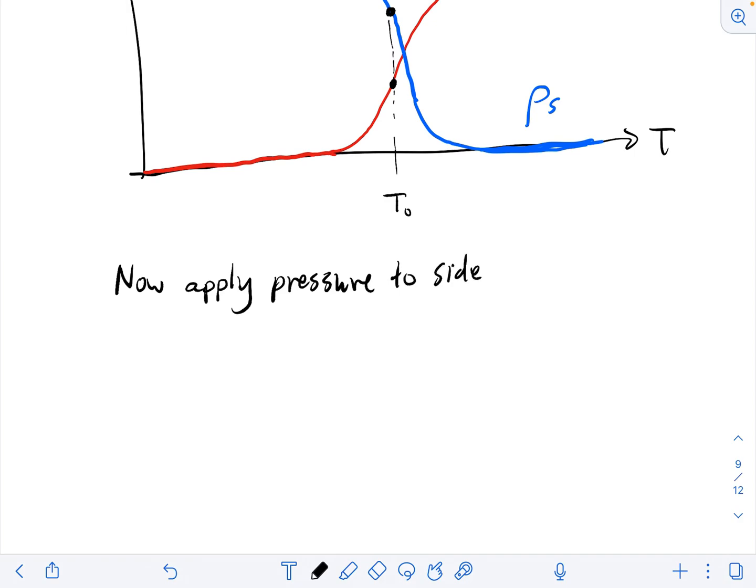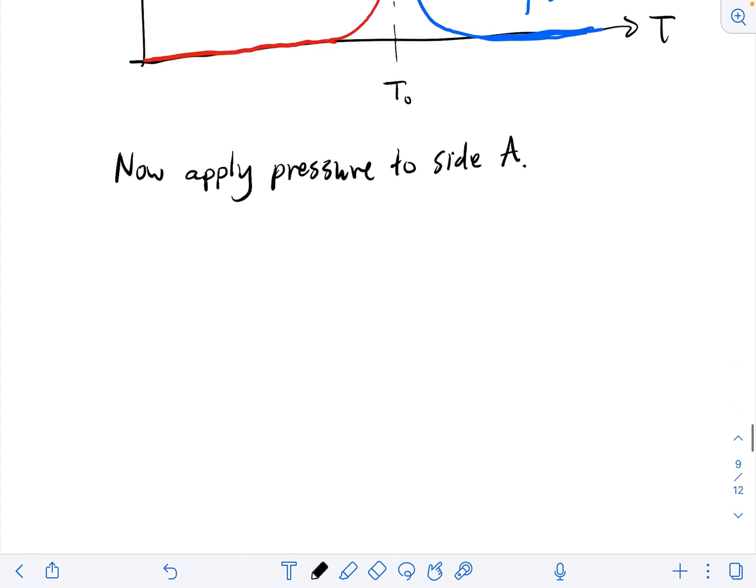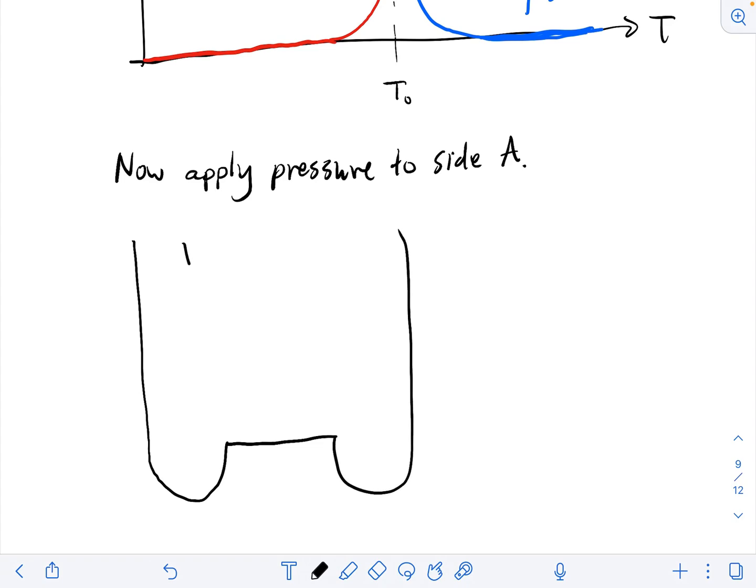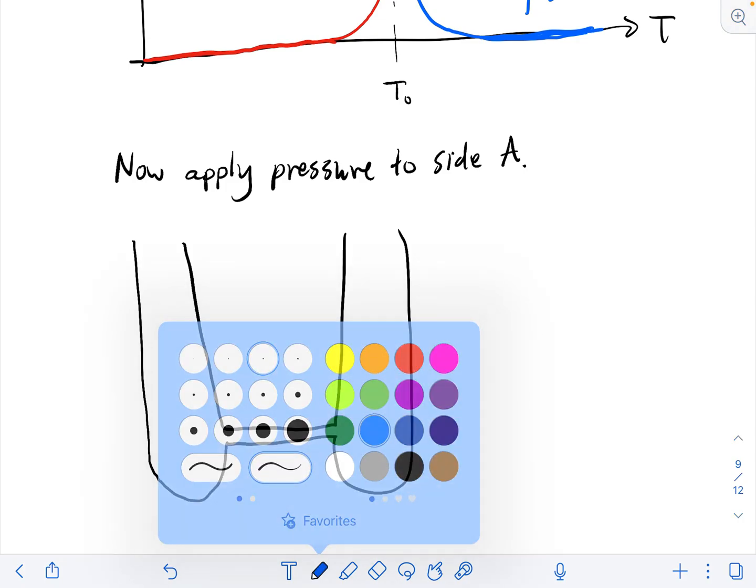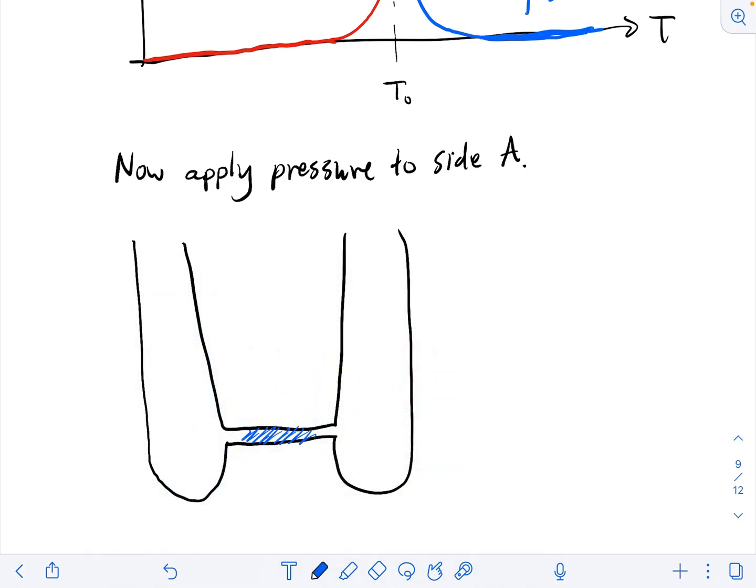Okay, and so let's draw our test tubes. And so there it is. Inside here is our super leak. We apply pressure to side A, and so its level decreases.